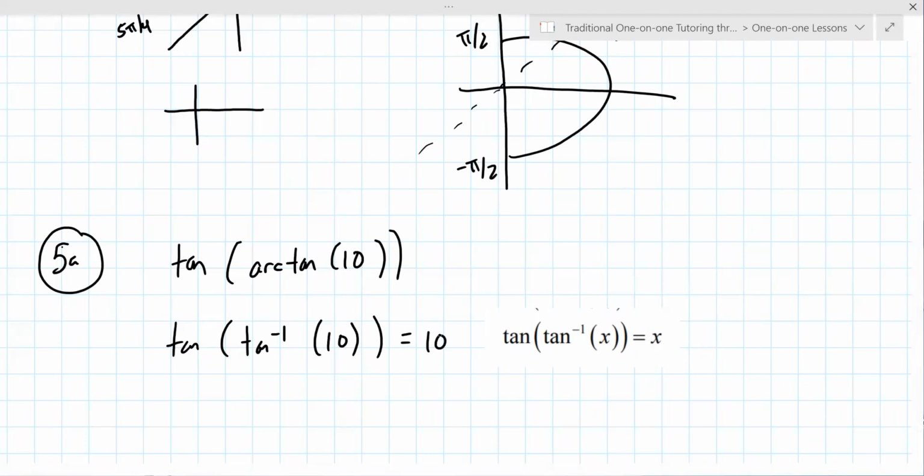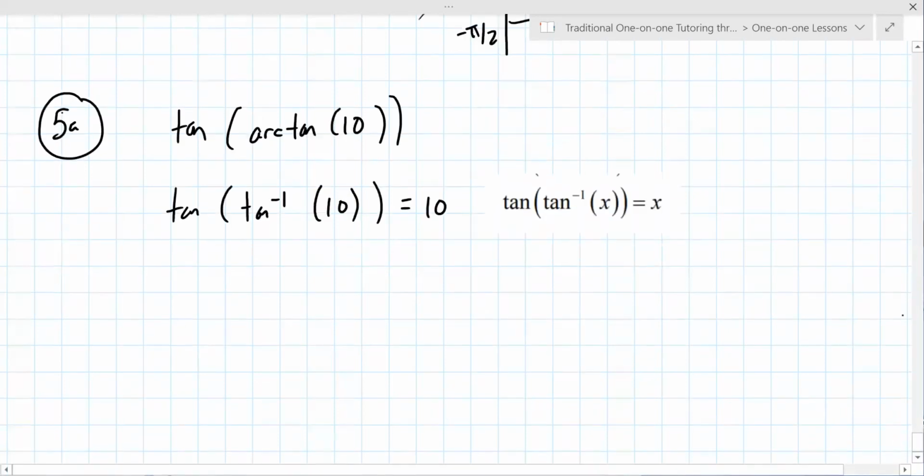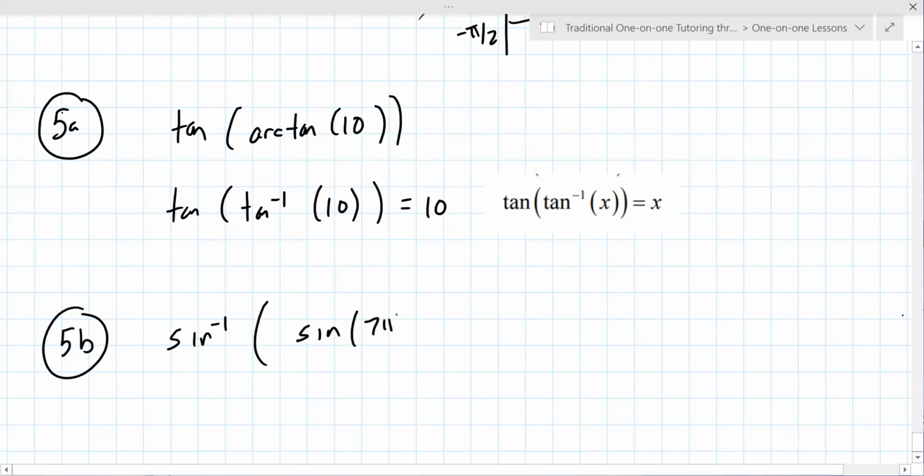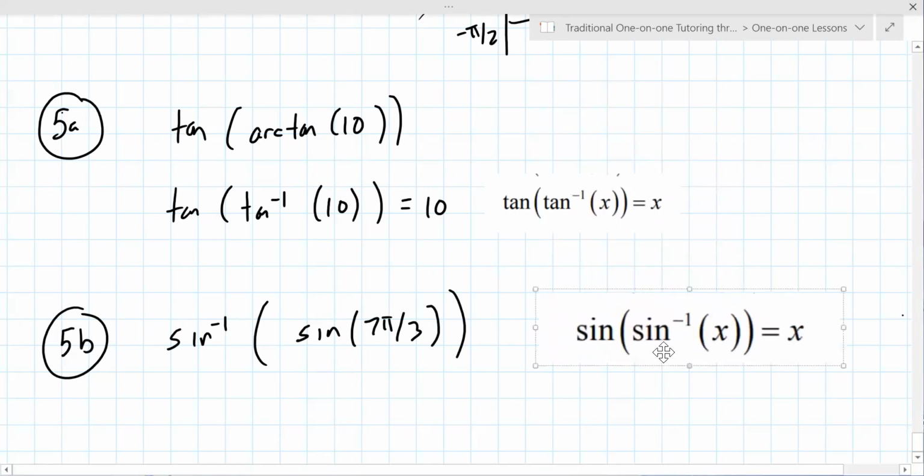It's not the property. So 5b, sine inverse of sine of 7 pi over 3. I'll snip in the property and you'll see, oh, it's not the same. So this is the property, but it doesn't apply to this problem.